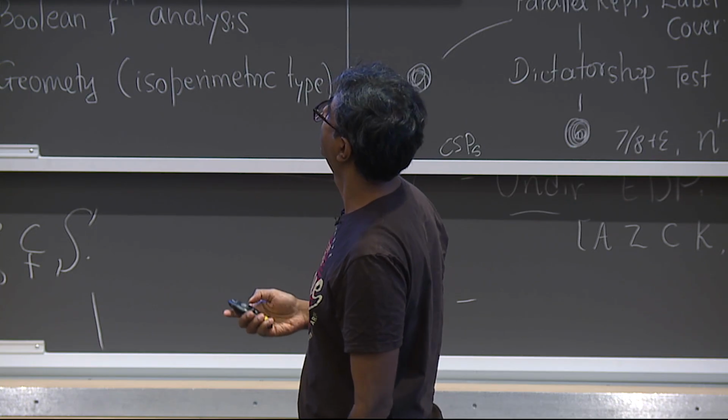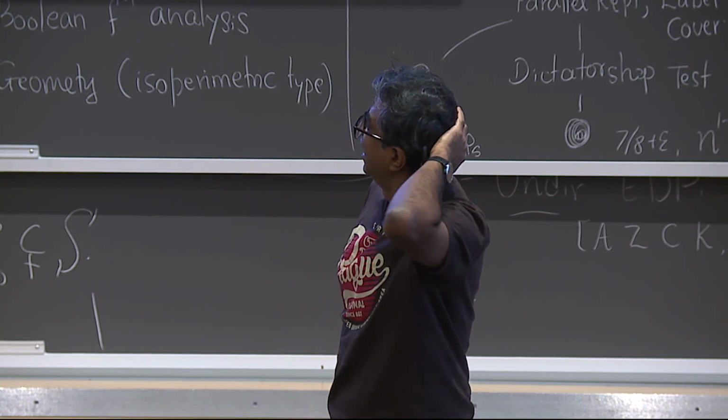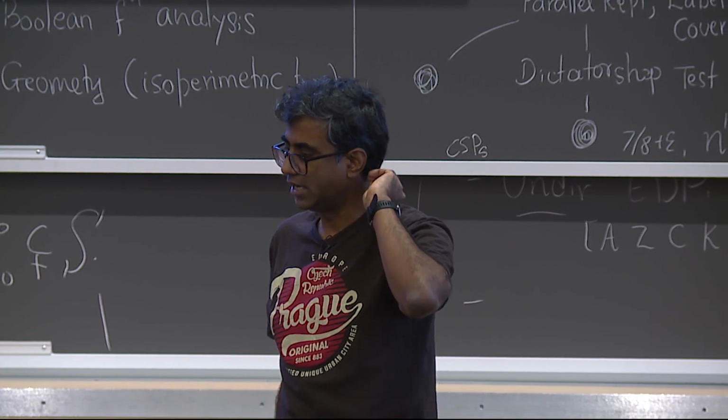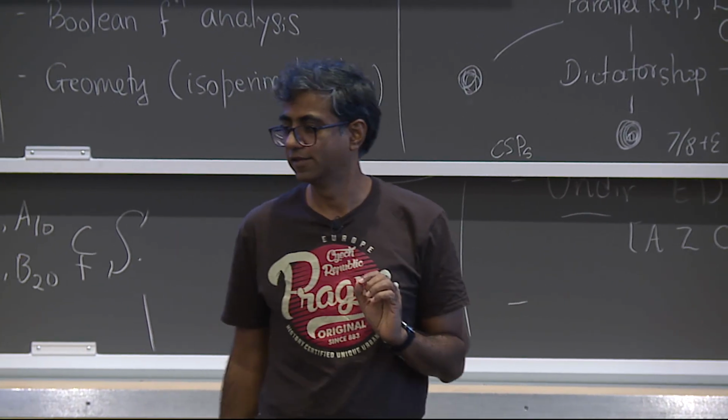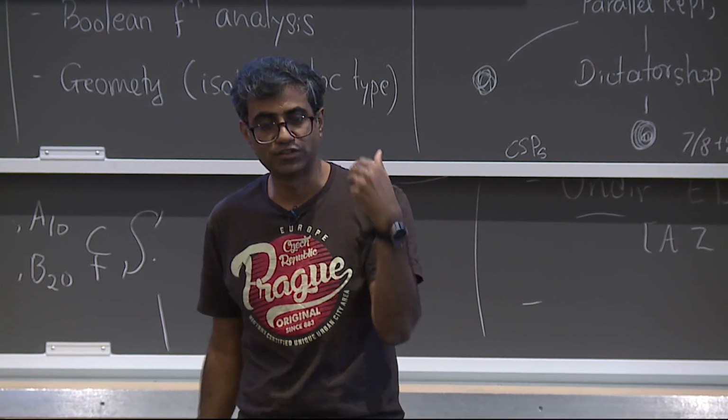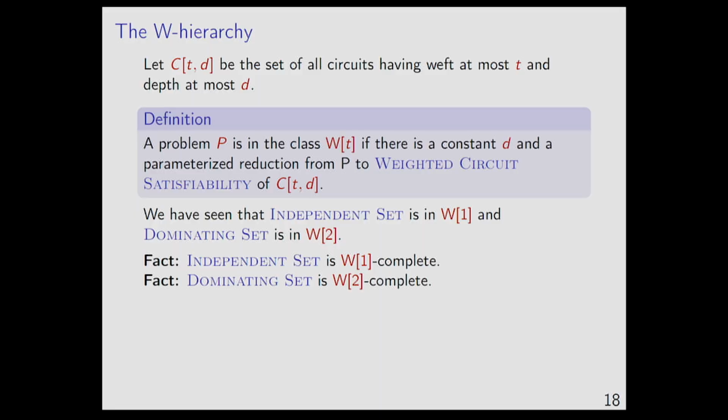So, more formally, let C_{T,D} be the set of all circuits having weft at most T and depth at most D, okay? A parameterized problem is said to be in the class W[T] if there is a constant D and a parameterized reduction from P to weighted circuit satisfiability of C_{T,D}.